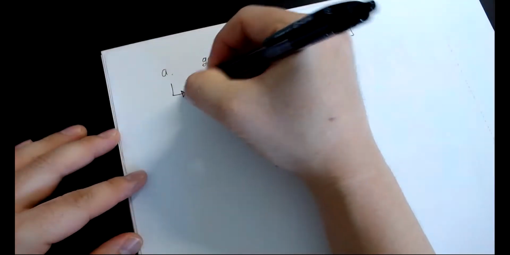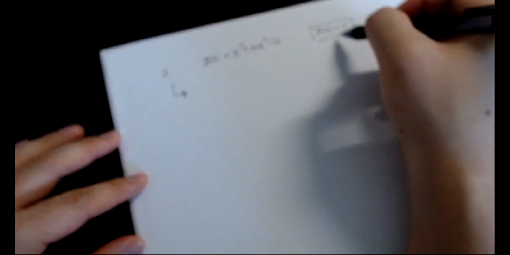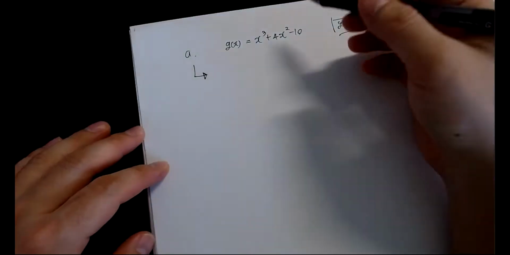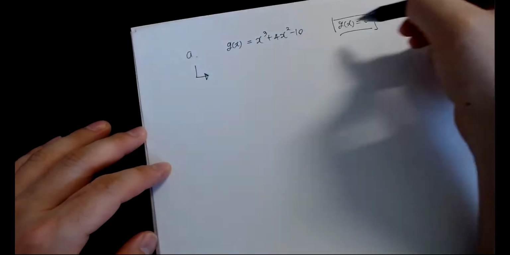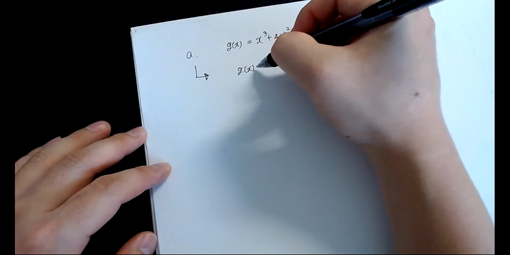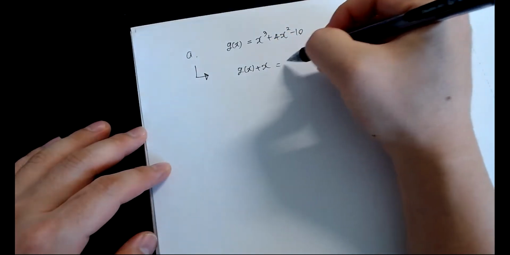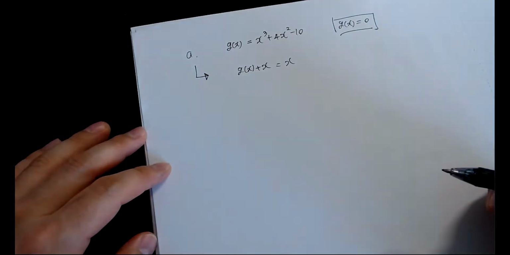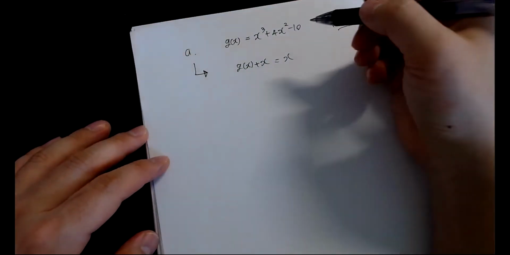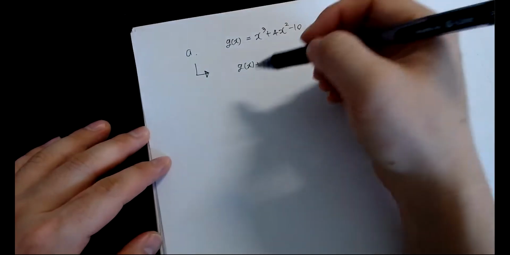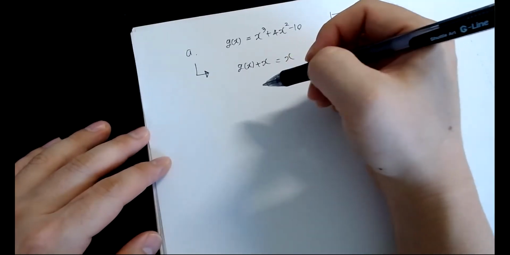The first one, A, is that we add x on both sides in the root finding problem. So here we add x on both sides, so g of x plus x is equal to x, right?